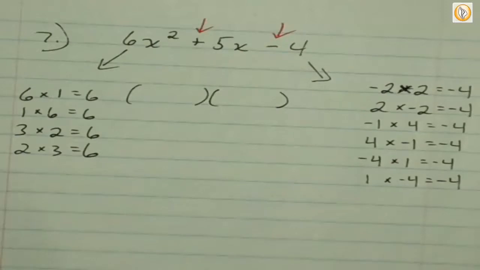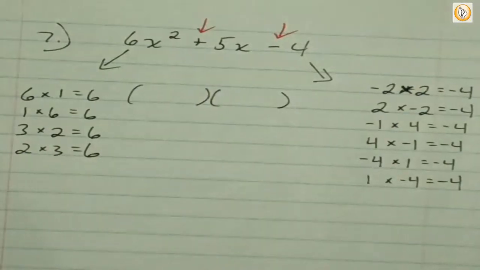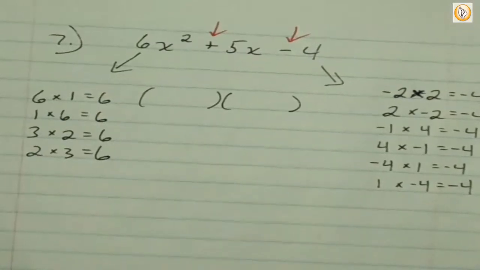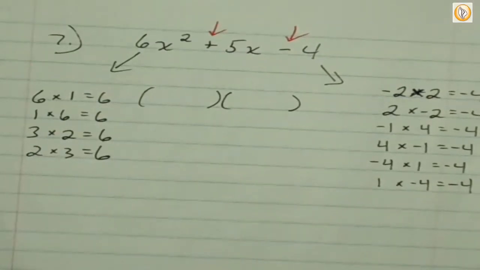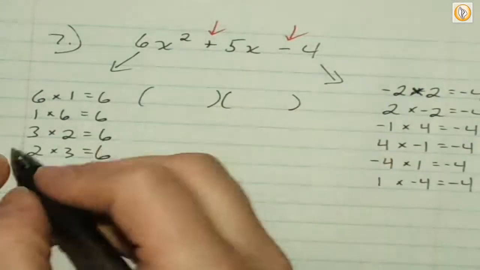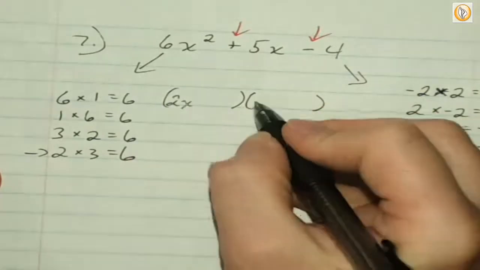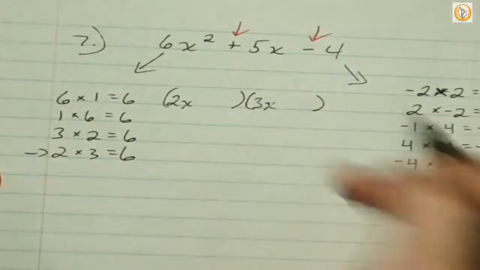So then we have to find a combination that's going to work to get 5. So let's see. Whit, choose one of them over here. 2 times 3. All right, so he's going to do this one. 2x and 3x.